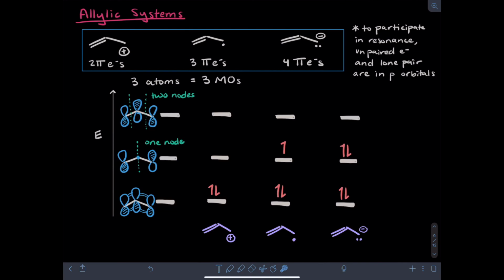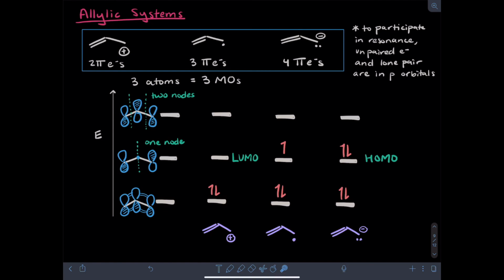Notice that for all 3 of these molecules, the very lowest energy orbital is filled, and the highest energy orbital is unfilled. The interesting stuff is happening in this middle energy orbital. Let's think about, for each of these species, what does this middle orbital represent? For the allylic anion, this middle orbital represents the HOMO, or the highest occupied molecular orbital.